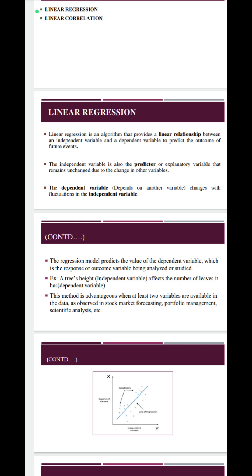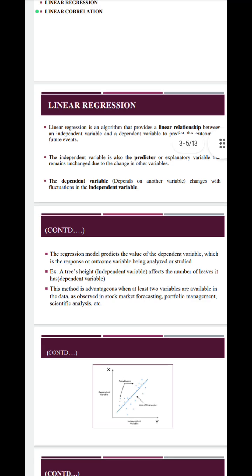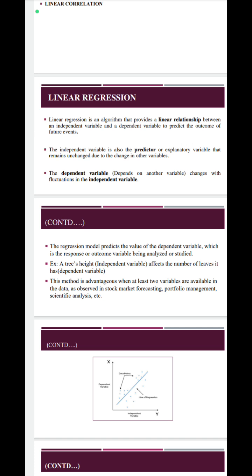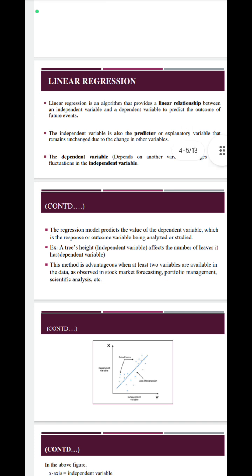That is the dependent variable. So that is the difference between independent and dependent variables. This method is advantageous when at least two variables are available in the data, for example, as observed in stock market forecasting and portfolio management, scientific analysis, etc.